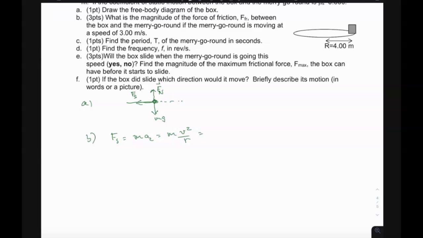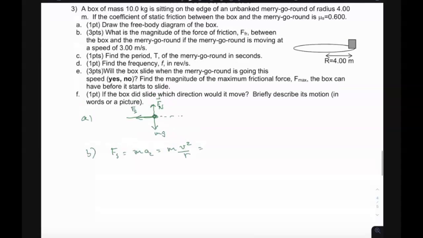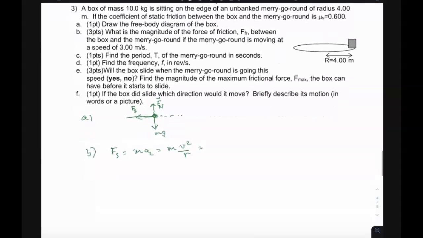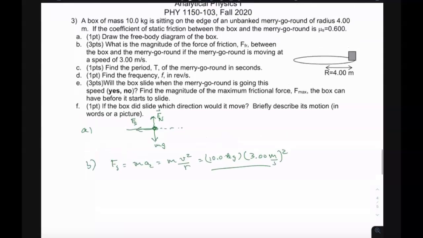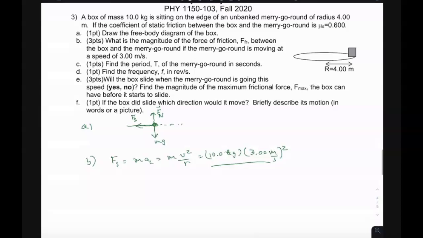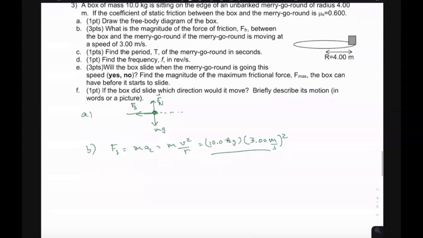So we put in the mass, which is 10 kilograms, the velocity, they tell us, is 3.00 meters per second. We're going to square that, and we're going to divide by the radius, which they tell us is 4.00 meters.